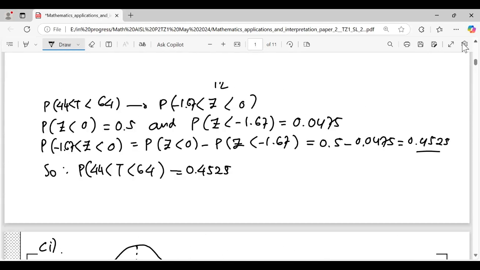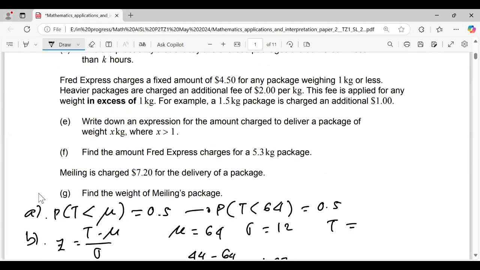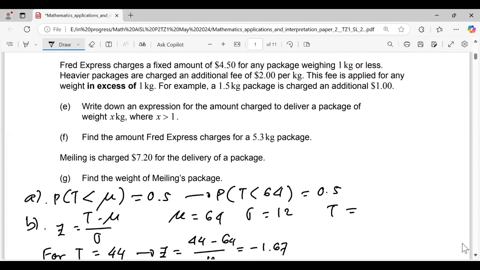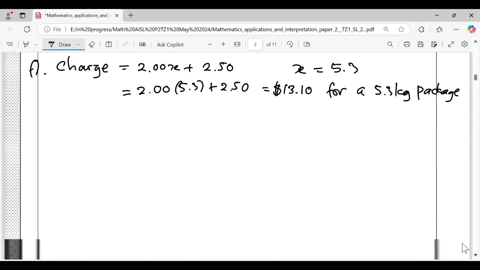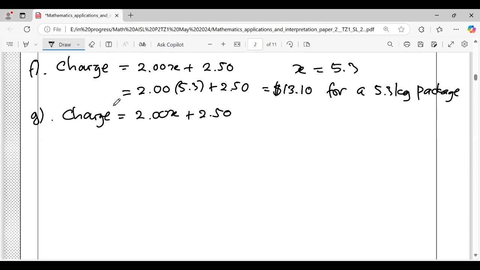Next, G. Mailing is charged $7.20 for delivering a package. Find the weight of mailing's package. Again, the charge expression is 2.00x plus 2.50, and mailing's charge is $7.20.